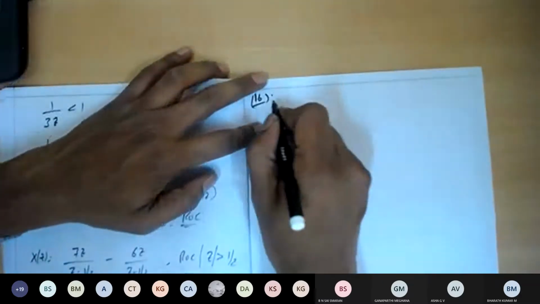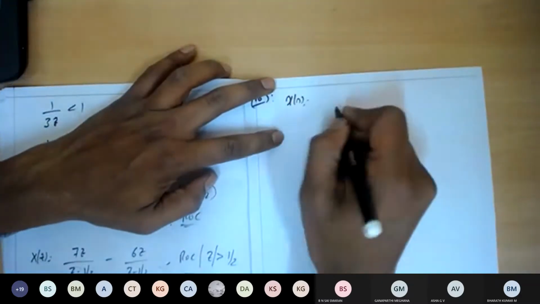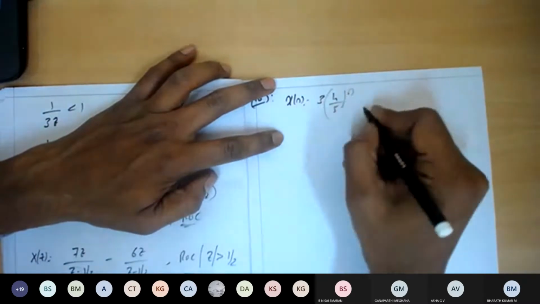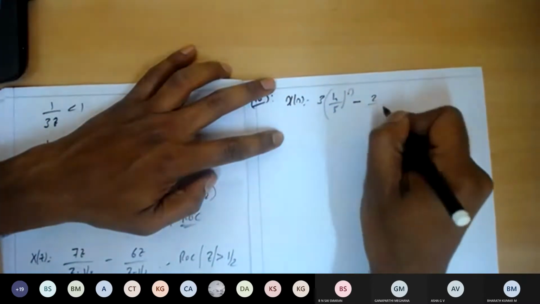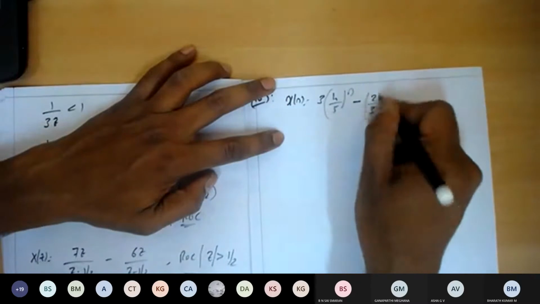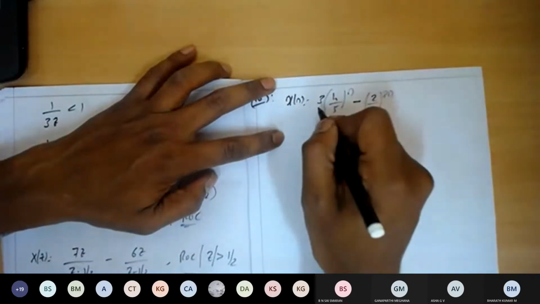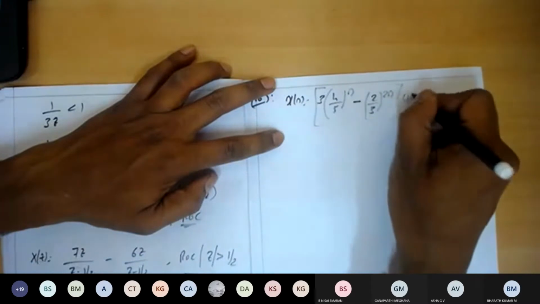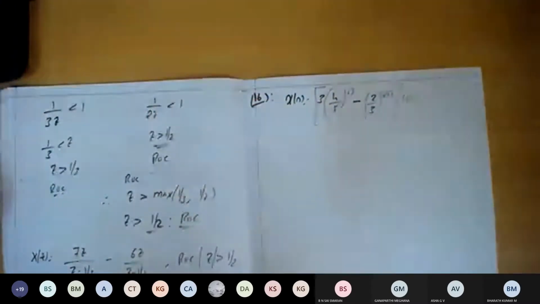Take the next one. X of n is equal to 3 into (4/5) to the power of n minus (2/3) to the power of 2n, whole thing multiplied by u of n.